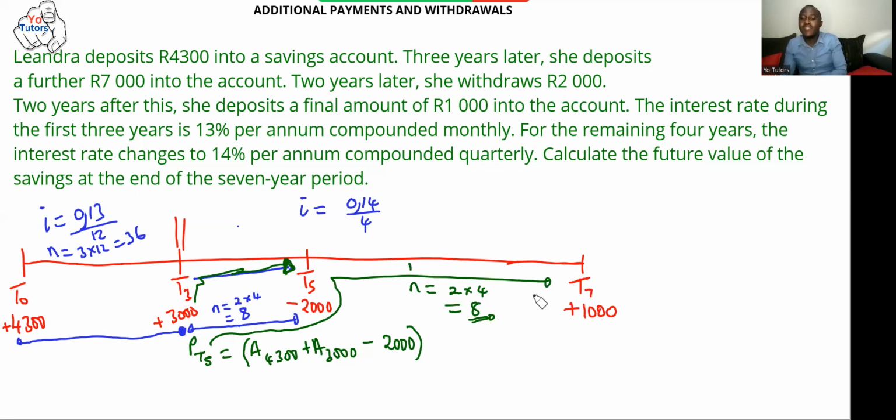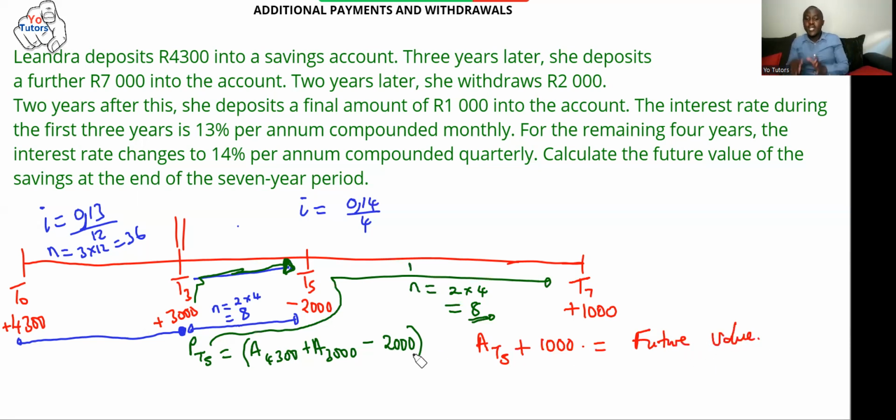The future value means the accumulated amount that you're going to get. So the accumulated amount for the T5, which will grow here, we are going to add to the 1,000, to get your future value.